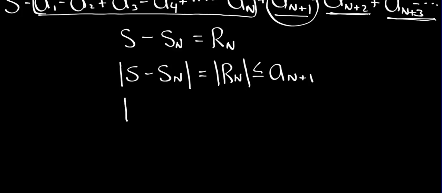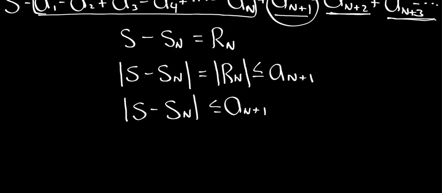The difference, S minus S sub big N, is less than or equal to A sub big N plus 1. So if we want to approximate this sum without too big of a difference, that is, if we have a specified tolerance, an error that we're willing to tolerate, we'll know how many terms to carry the sum out.